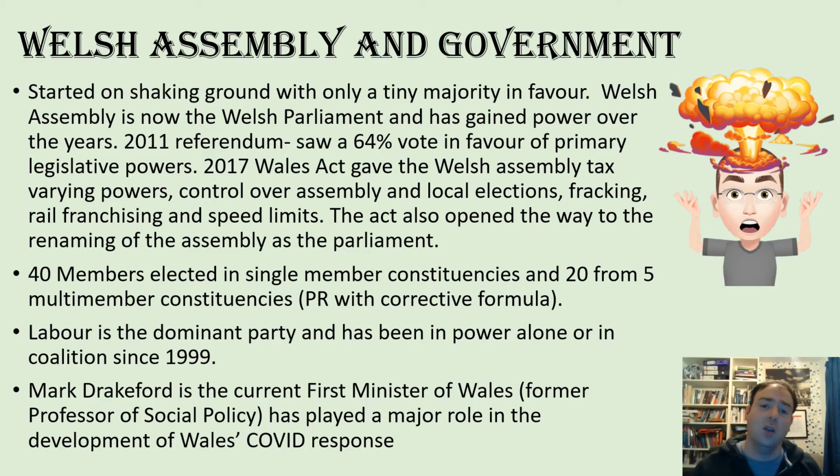The 2017 Welsh Act gave the Welsh Assembly tax varying powers, control over assembly and local elections, control over fracking, rail franchise, and speed limits on the roads. The Act also opened the way to renaming the Assembly as the Parliament, which it now is. And so we've seen the Welsh Assembly start on fairly shaky grounds and grow and develop its powers and become the Welsh Parliament.